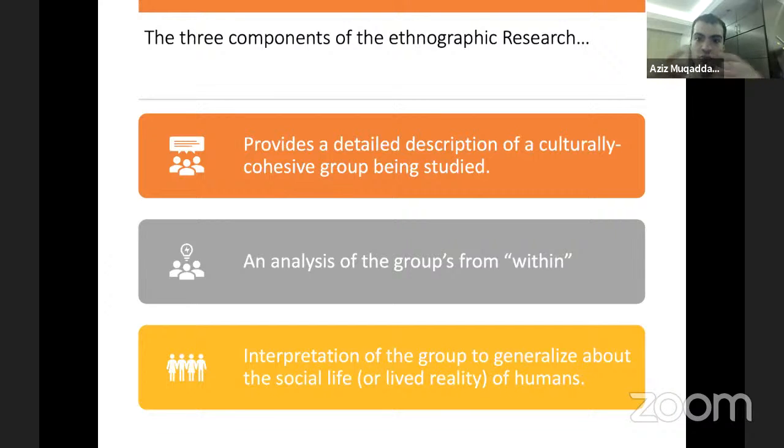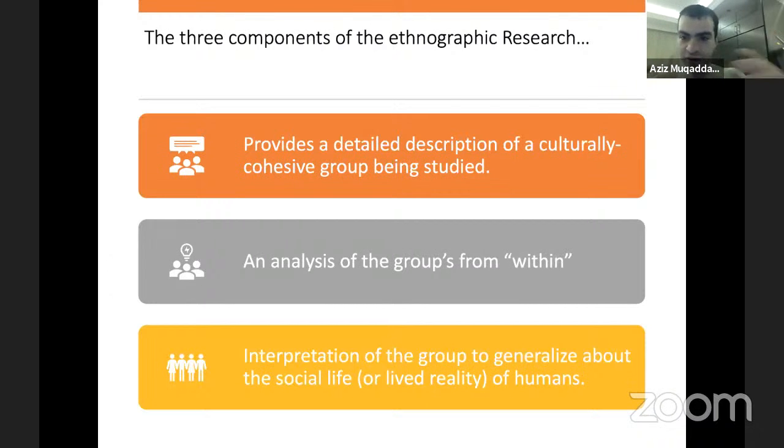So it is a group and it shares a common cultural heritage. It could be professional, linguistic, or religious. So I could study some religious minority in some state in Mexico, or Irish Catholics in Boston, or Orthodox Jews in Brooklyn, any group that has some shared things.